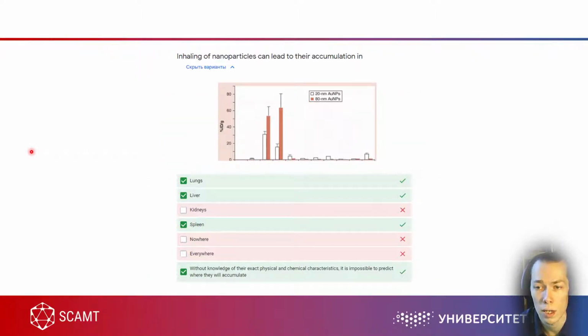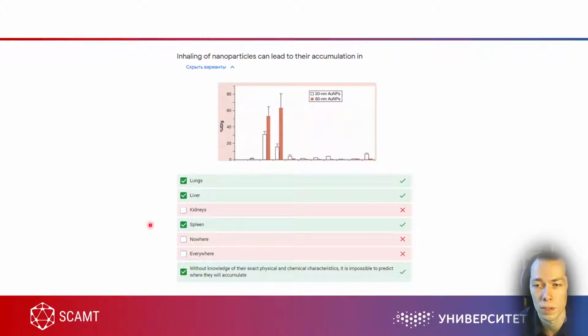The next one, again, a bit tricky question. Inhaling of nanoparticles can lead to the accumulation in which organs? So it's definitely lungs. And what's next? Well, there was an option: without knowledge of the exact physical and chemical characteristics, it's impossible to predict where they will accumulate. Yes, it's true.